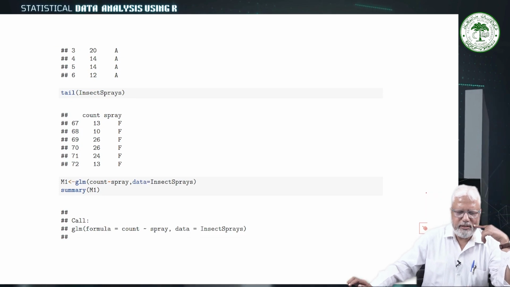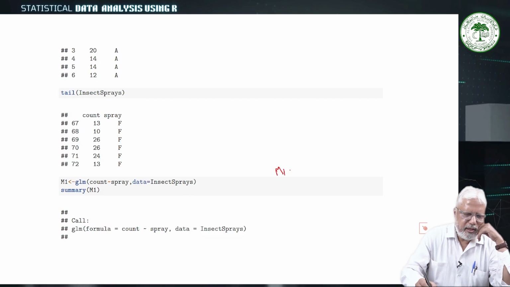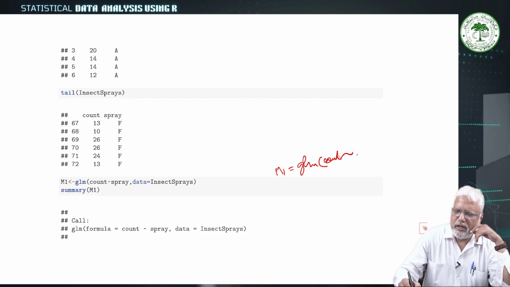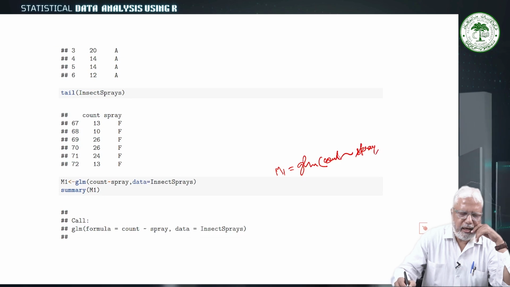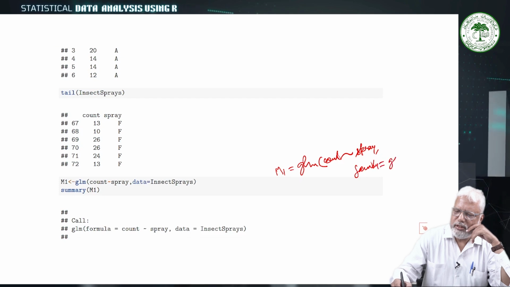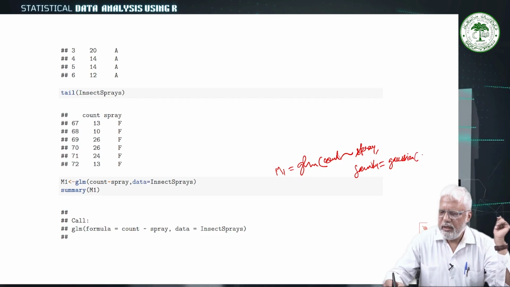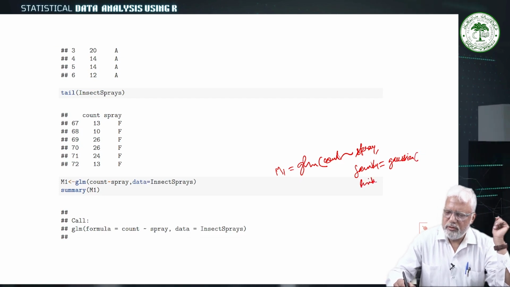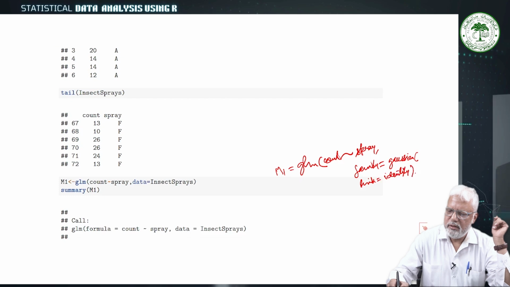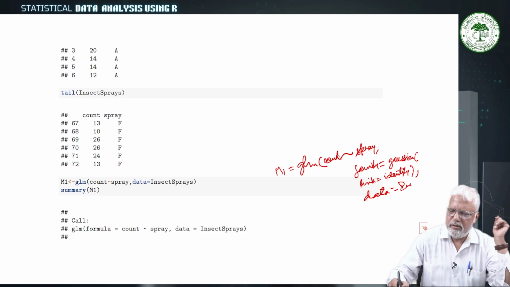Since we have not specified any family here, otherwise it should have been written like this: glm, count is modeled as a function of spray, and then family is equal to Gaussian, and link is equal to identity, and then data is equal to insect spray.